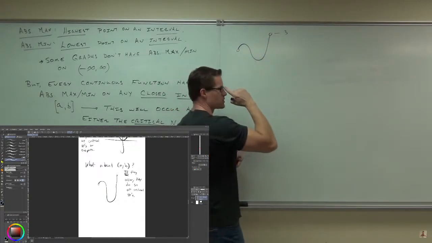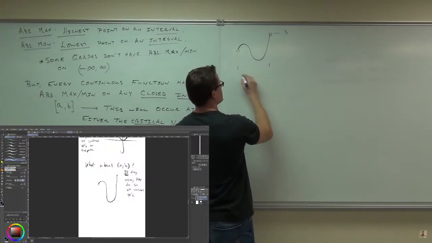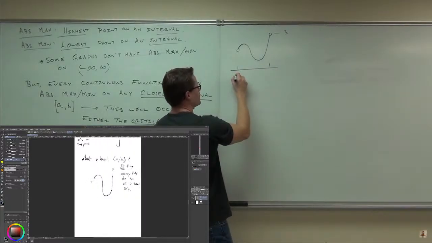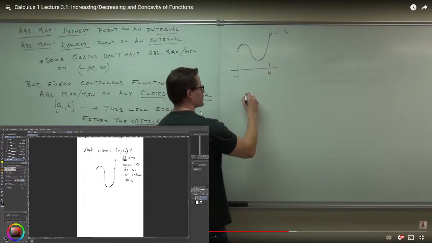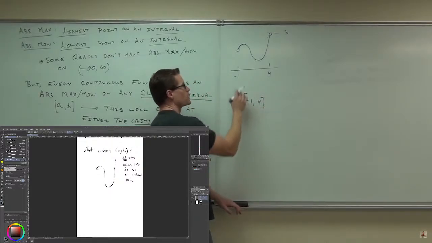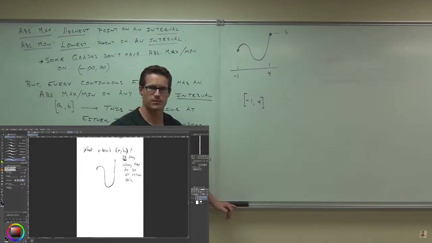So for instance, if I asked you this question, find the absolute max between the interval of -1 to 4. If it's this way, they're both closed in. You follow me?